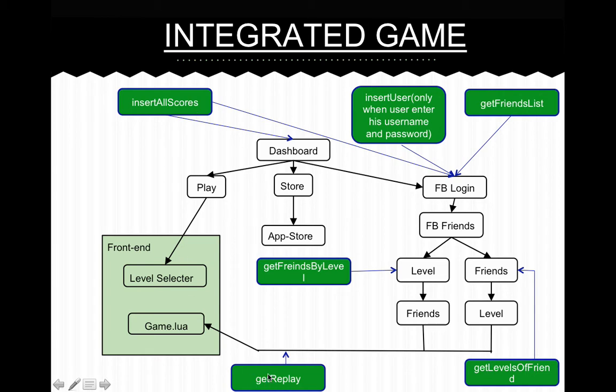We added the new web service call of get replay, and there's also a get ghost web service call being made here and passed on to game.lua. We are making all these web service calls in the green boxes at appropriate places, so that most of the web service calls are asynchronous, as was your requirement from last week.